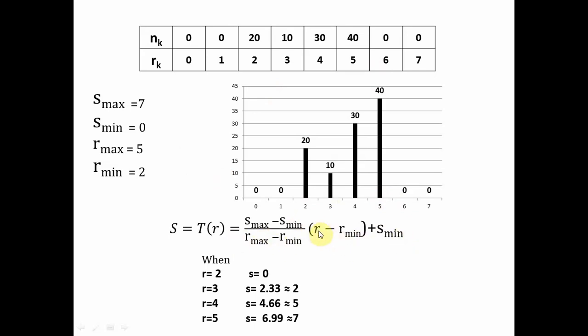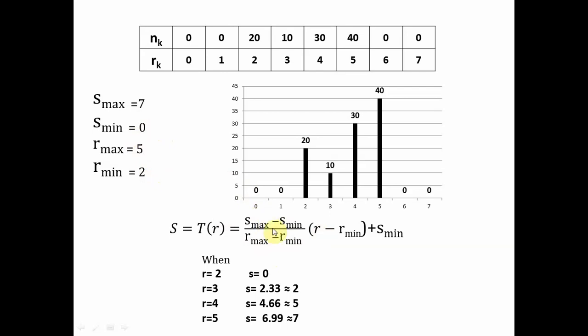I have R also. First, when R is equal to 2, I need to calculate S. Keeping R equal to 2, S max 7 minus S minimum 0, divided by R max 5 minus R minimum 2.